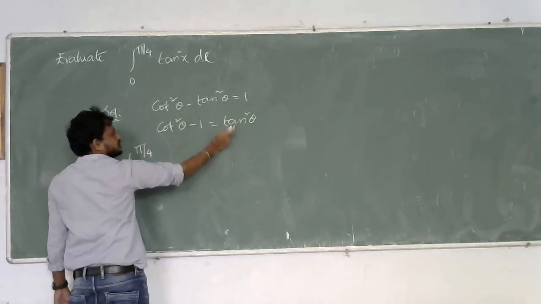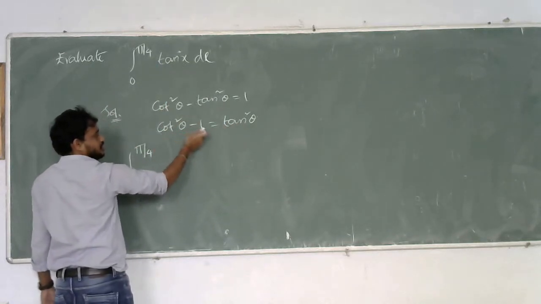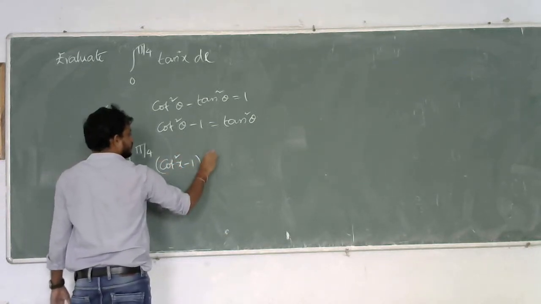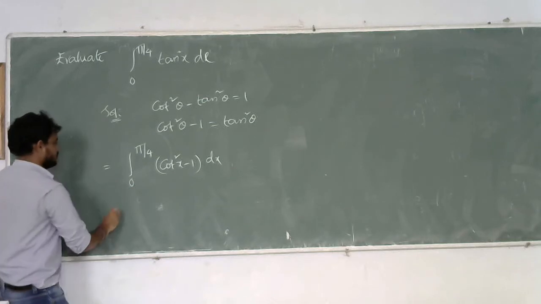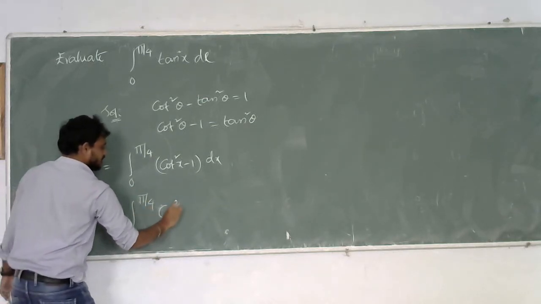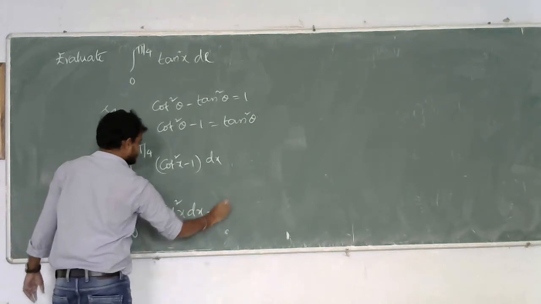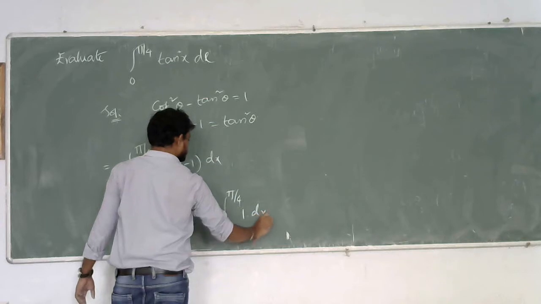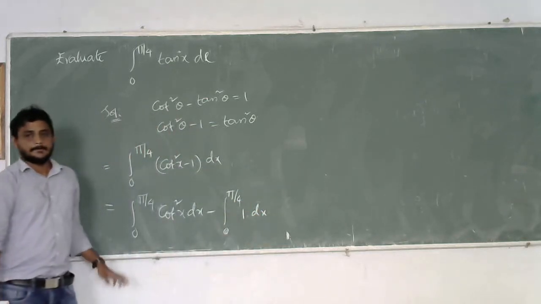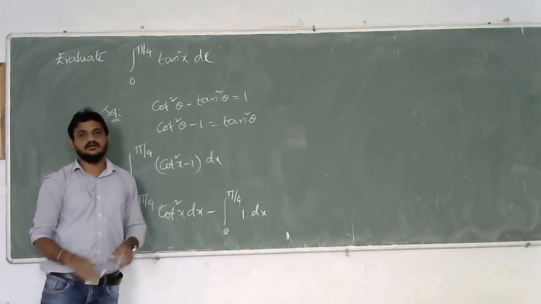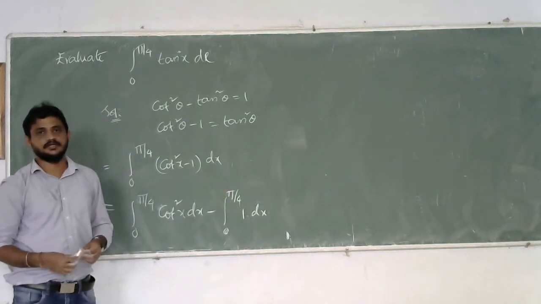So tan square x, that is tan square theta value, is cot square x minus 1. Then apply the integration: integral 0 to pi by 4 cot square x into dx minus integral 0 to pi by 4 1 into dx. Okay, then apply the integration, then substitute the limits.